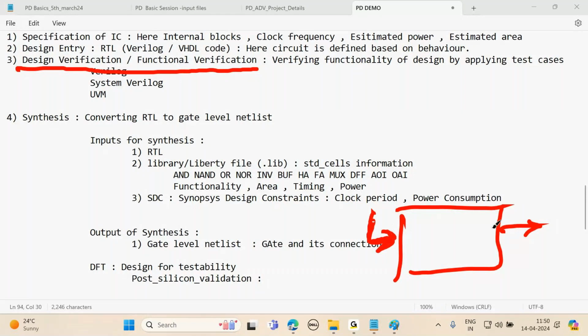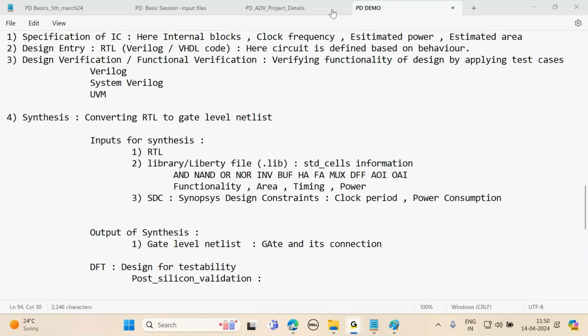So if I apply the test cases, your IC should take these test cases and give the test case outputs from the output ports. So my design for testability team will do some small modification in the gate level netlist.